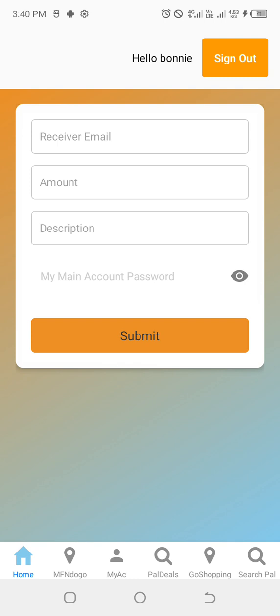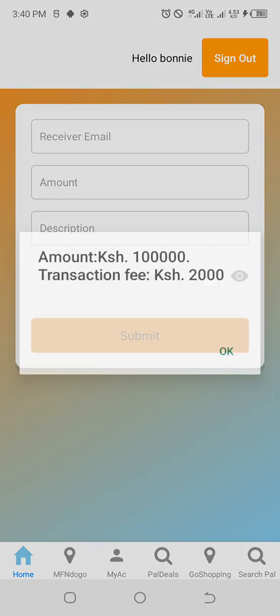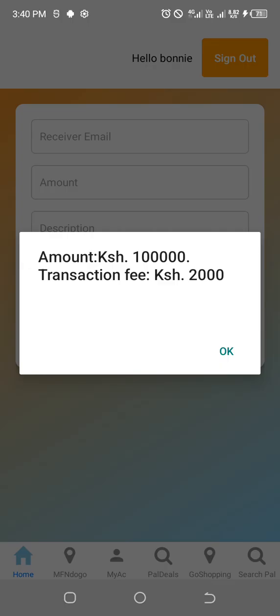So we want to see if this 42,11,675 will go down by 5769... 69014. Okay, because you've sent 100,000, the transaction fee is 2,000, so the account balance should reduce by that.